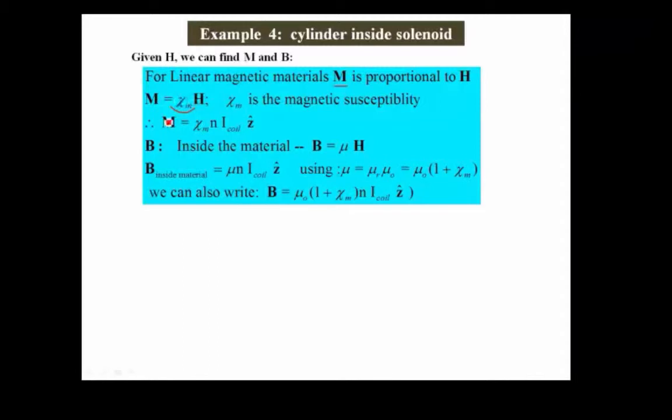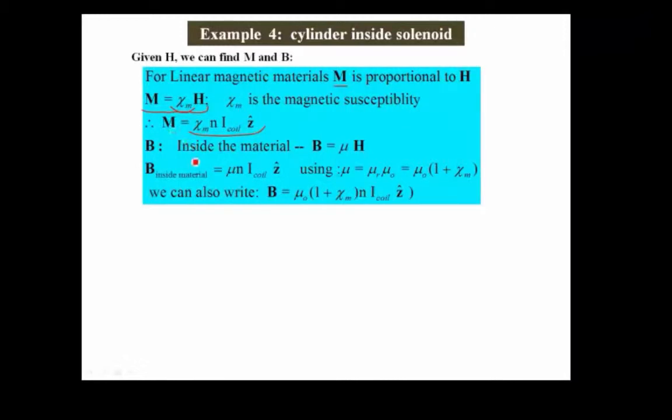We can solve for M by just multiplying H by this quantity here, and so here's our M. And so the more current we're running through the coil, the higher the value of M is. Remember, this is a restriction that will hold for materials where, when you turn off the current, you end up with zero magnetization. So you're on a portion of the curve where you can reproduce the fact that your M is proportional to I and can go back to zero.